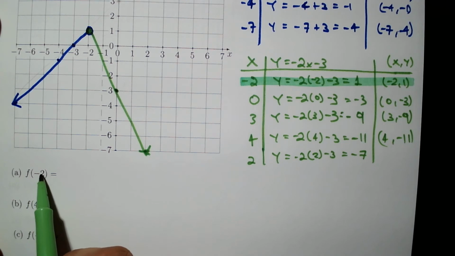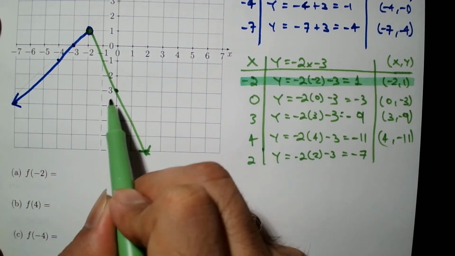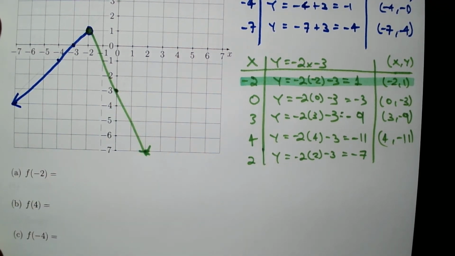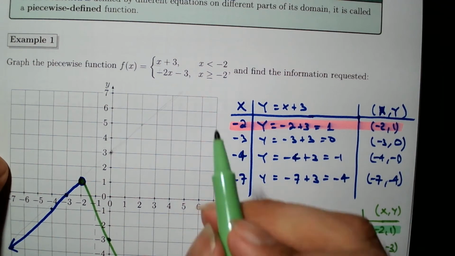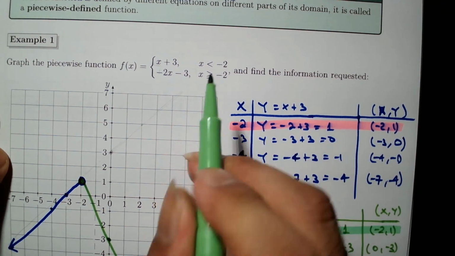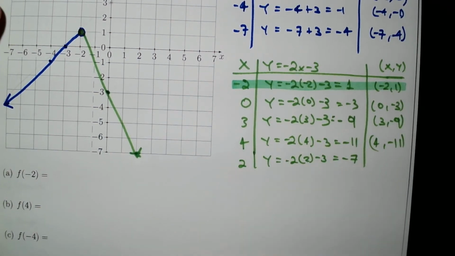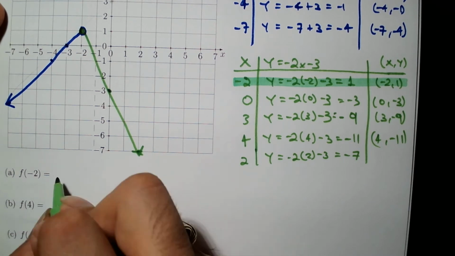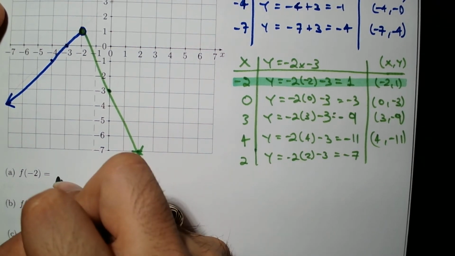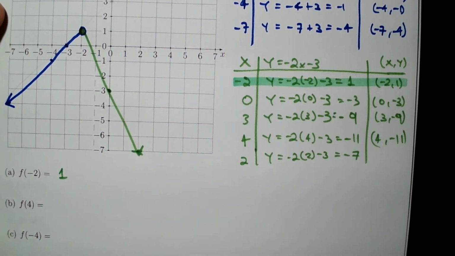Can we plug in negative 2 at the blue, or can I plug in negative 2 at the green? In this case, it is okay to plug in negative 2 at the green one. We already calculated it here, so in this case it is 1.